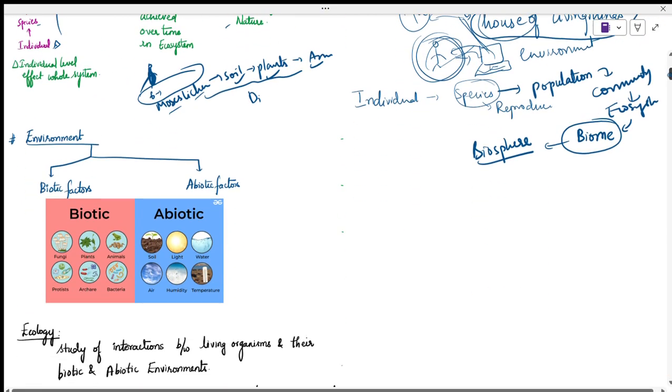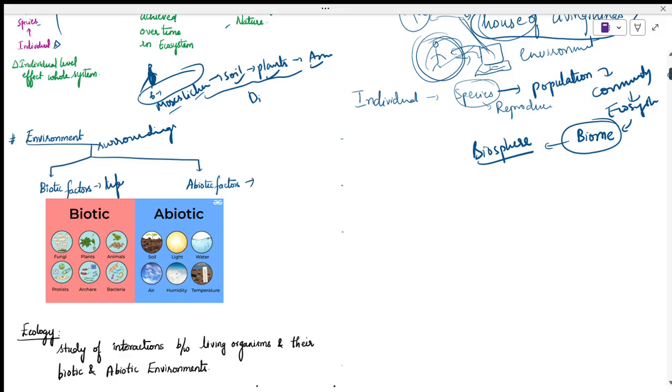Fine. So environment, I already said, is everything surrounding us, which may be of biotic factors and abiotic factors. Biotic factors are the factors which have life in them. Abiotic factors are those which do not have life in them. So examples of biotic factors, these things you have to remember.